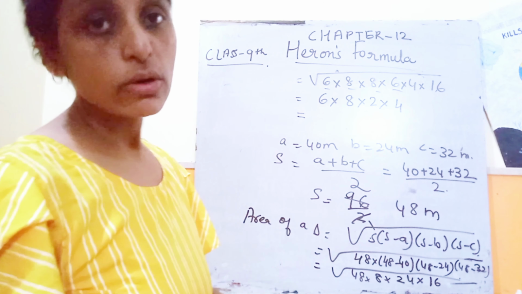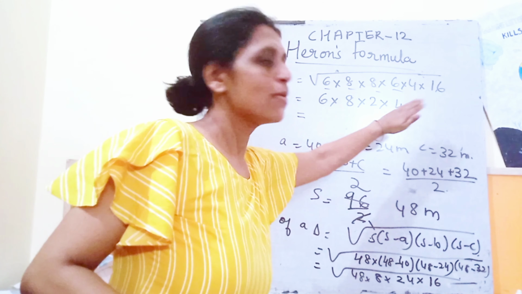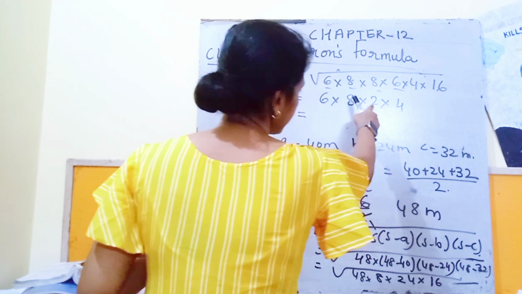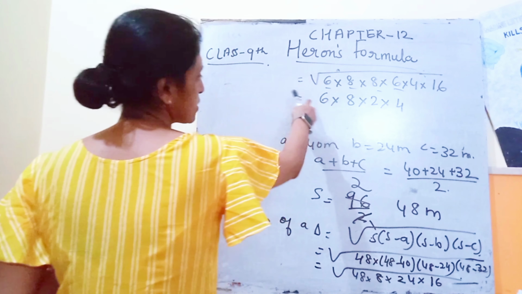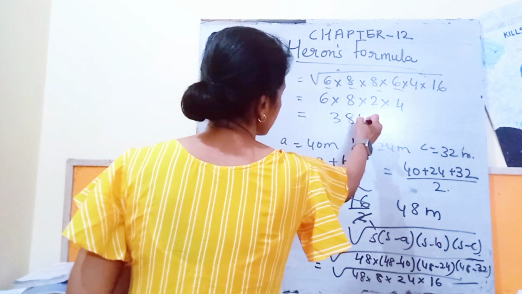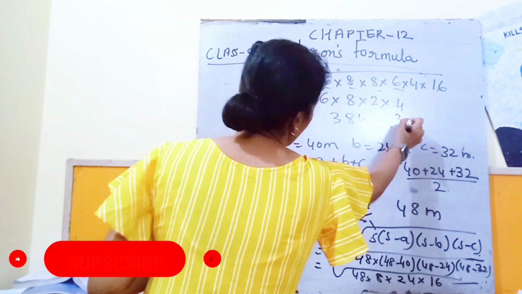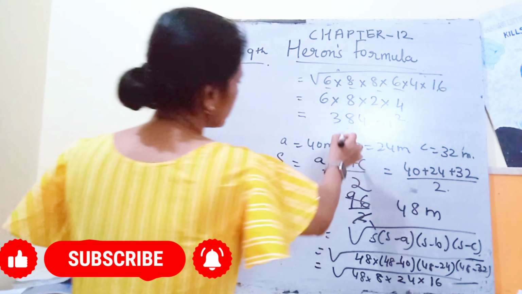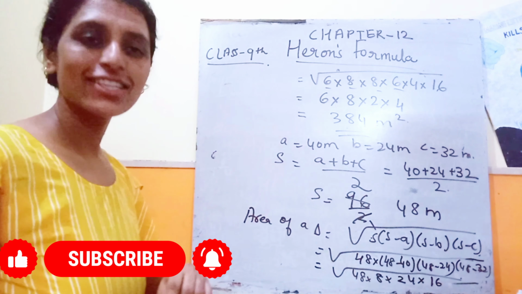Now we have to multiply. 4 twos are 8, 8 eights are 64, and 64 sixes are 384 meter square. So this is the area of the given triangle.